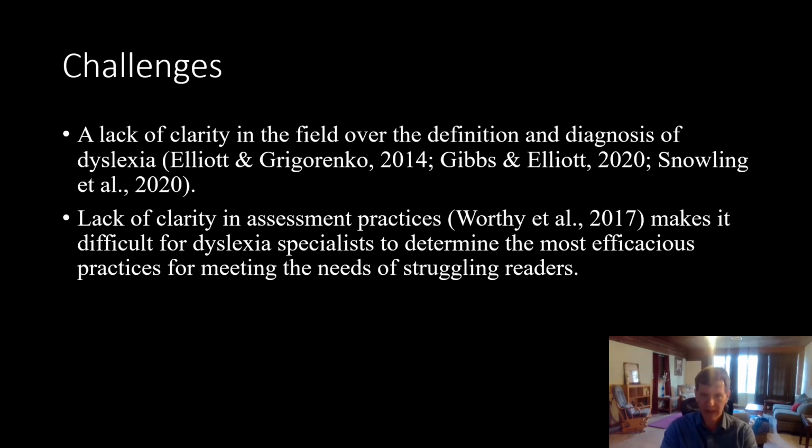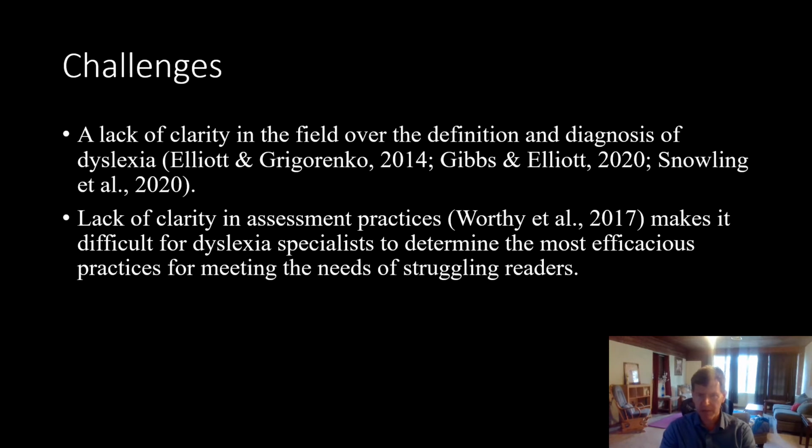There are certain challenges that we face. For instance, there's a lack of clarity in the field over the definition and diagnosis of dyslexia. Even though I just said that the IDA's definition of dyslexia is widely accepted in state legislation as well as federal legislation, when you look worldwide, there are debates about that definition, and when you look in the research literature, there are some debates about the definition, and that can lead to some lack of clarity.